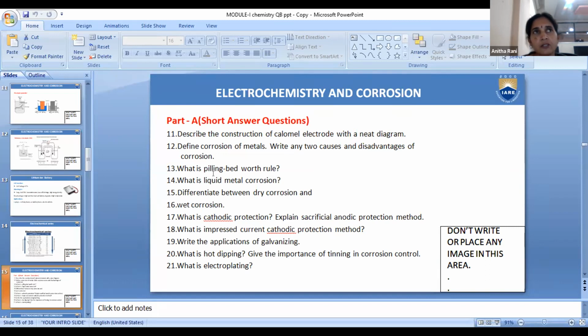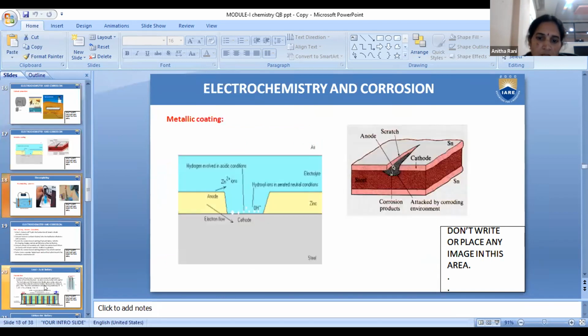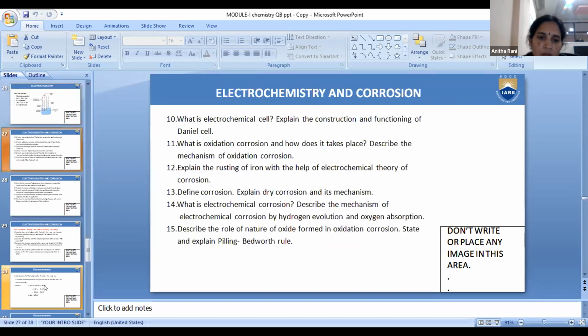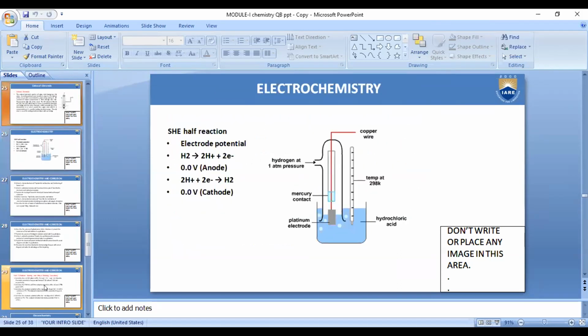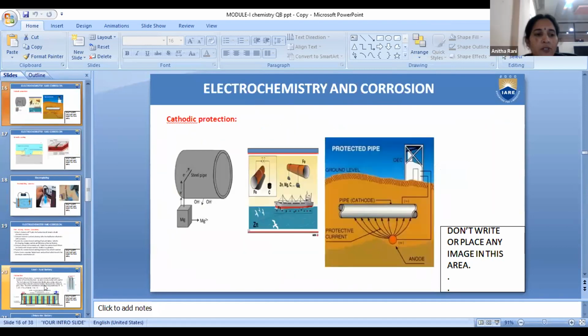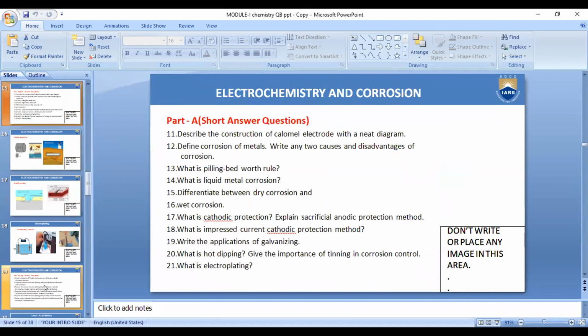You remember the rule? Based on the volume of the metal oxide, we discussed the Pilling Bedworth rule.